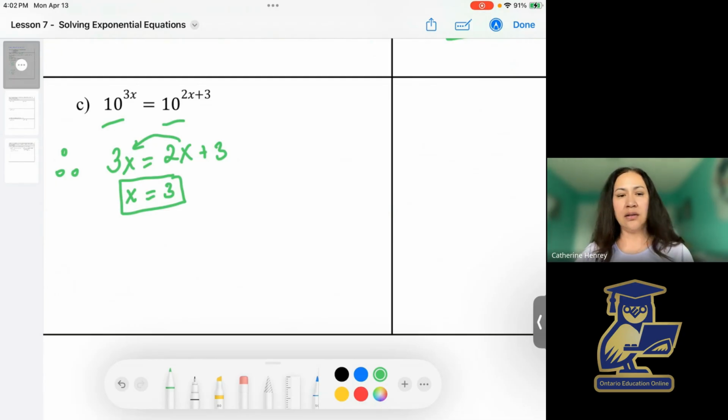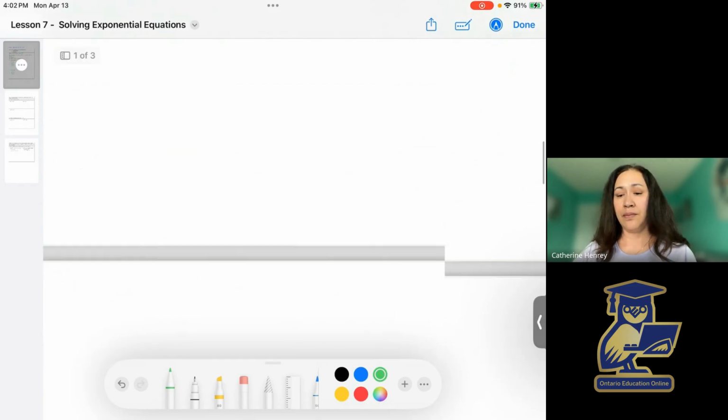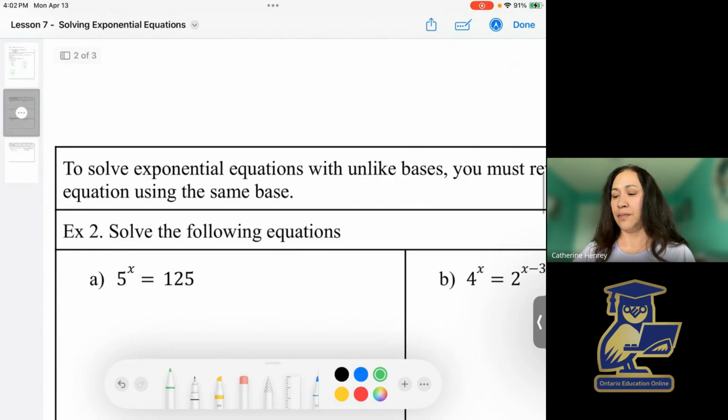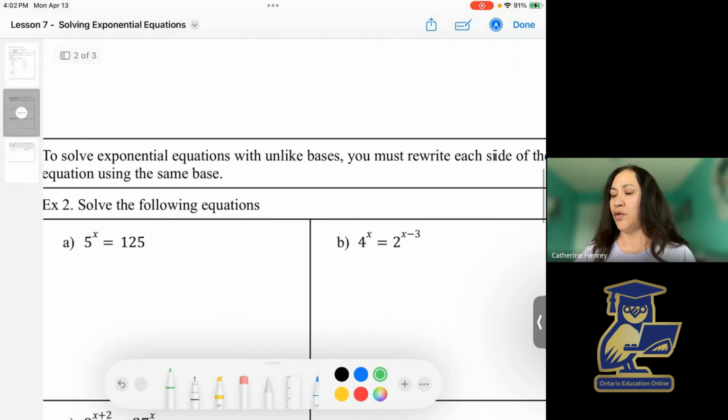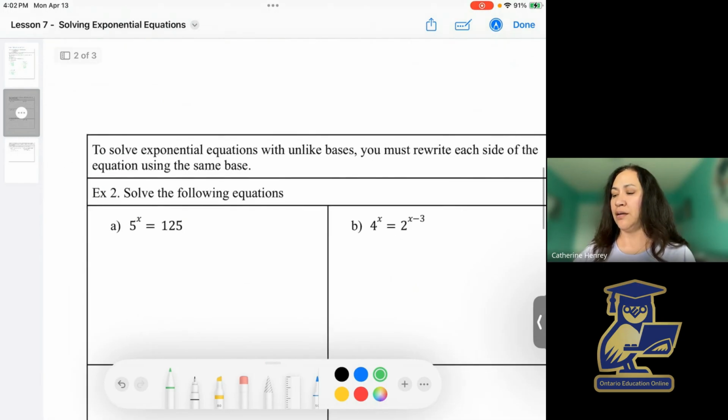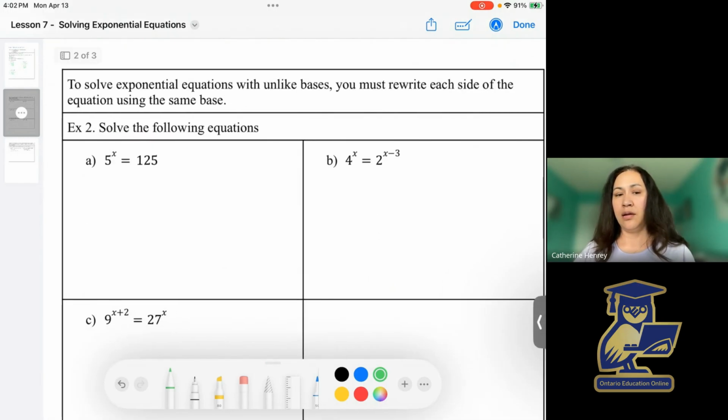Let's move on to take a look at a couple of examples where the base is not the same. What you want to do here is make sure you focus on rewriting one of the sides of the equation as an exponent. We can see that for a, 5 to the power of x equals 125.